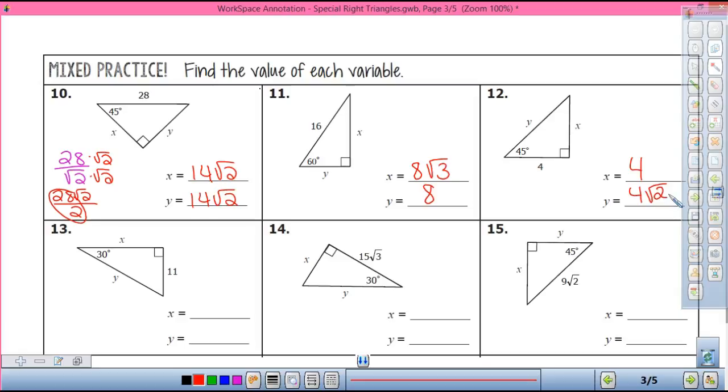Okay, and 13, they give me short leg, so short leg to long leg, 11 times the square root of 3, short leg to hypotenuse, multiply by 2.